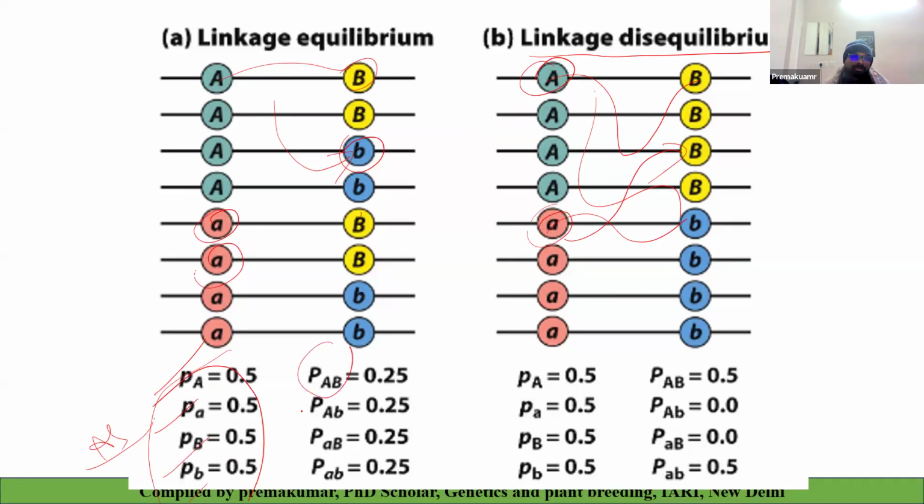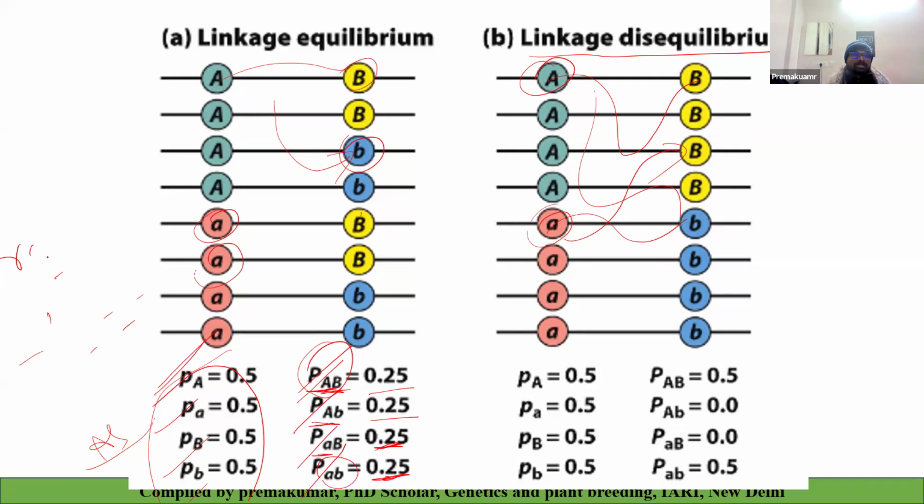Now you can see the genotypic frequency. This is gene frequency and this is genotypic frequency. The probability of capital A capital B is 0.25. Probability of capital A small b is 0.25. Probability of small a and capital B is 0.25. Probability of small a small b is 0.25. That means the probability of all the genotypes is equal. For example, you take the parents capital A small b and small a capital B, and you'll get equal frequency in the F2.